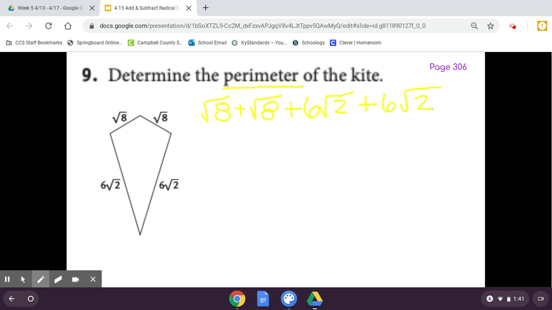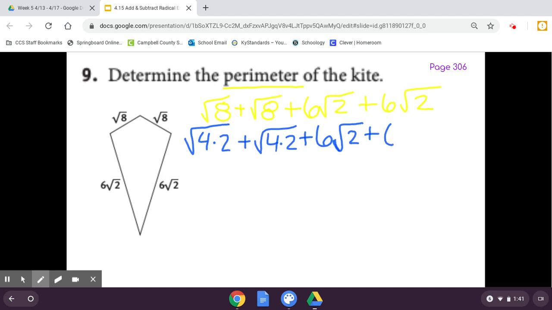We know that the square root of 8 can be rewritten to make the number underneath the radical smaller. So we have square root of 4 times 2 plus square root of 4 times 2 plus 6 square root of 2 plus 6 square root of 2.